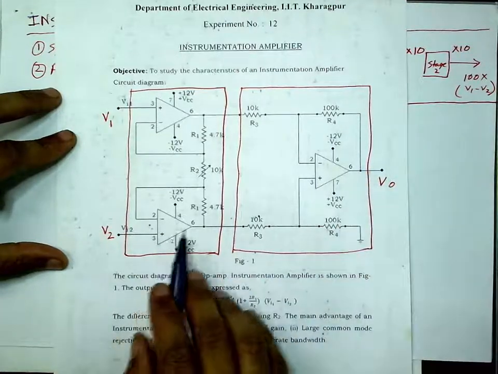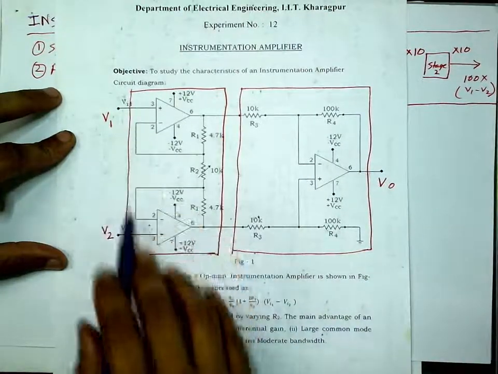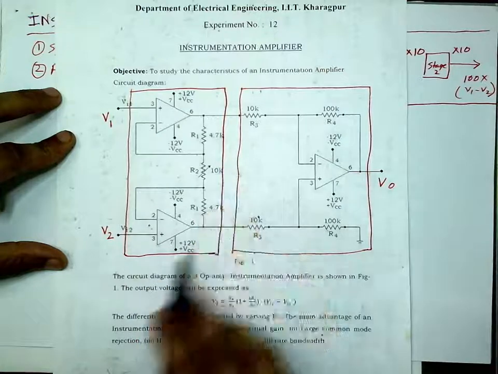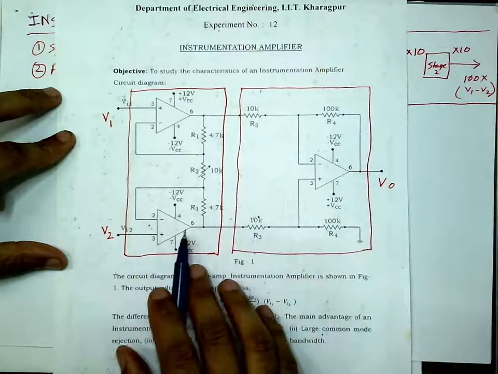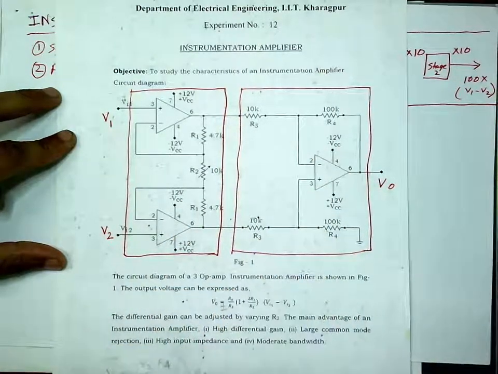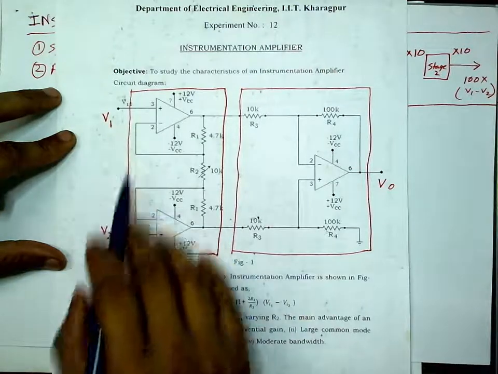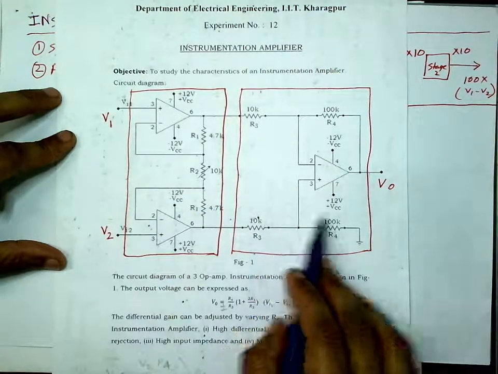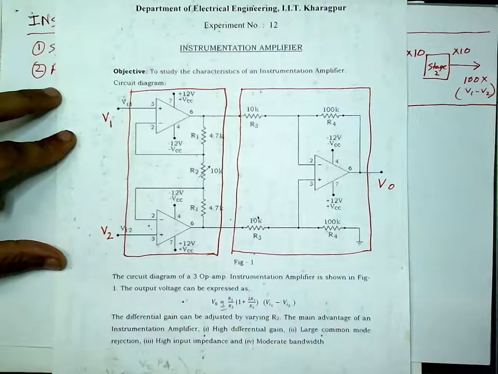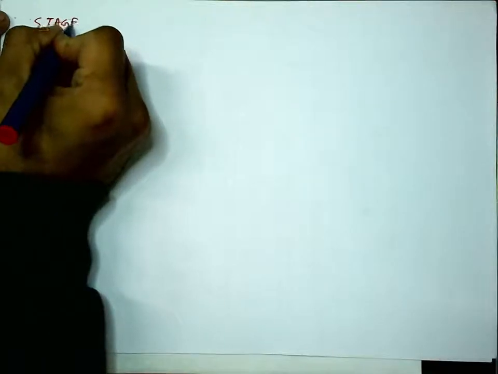Now let us understand these two circuits one by one. We will draw these two stages one by one and we will analyze them. So let's look at stage 1. How does it look like?